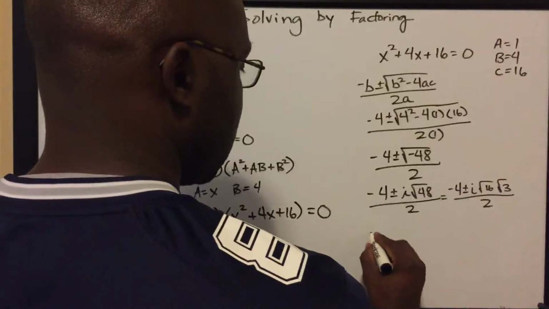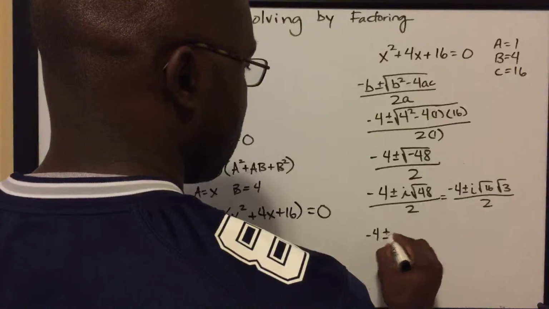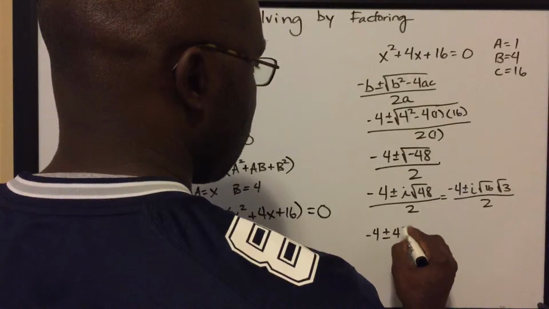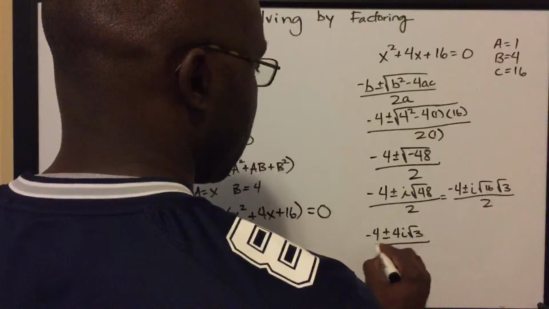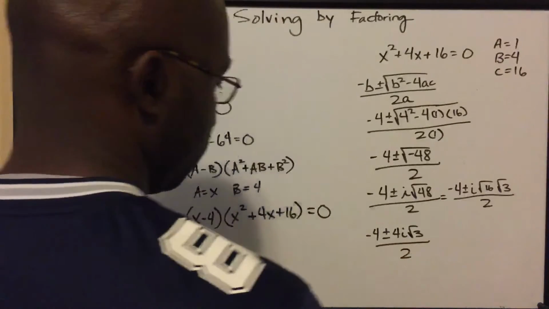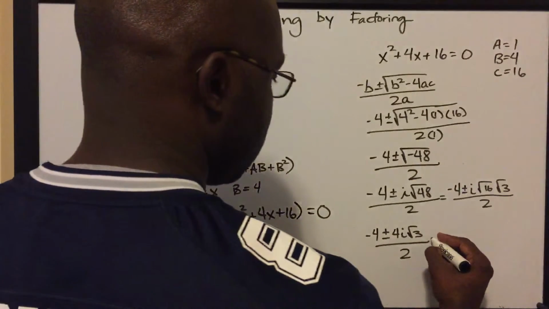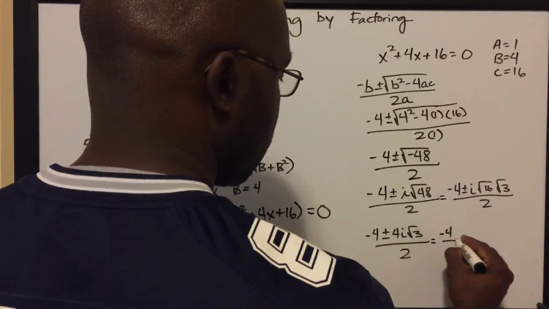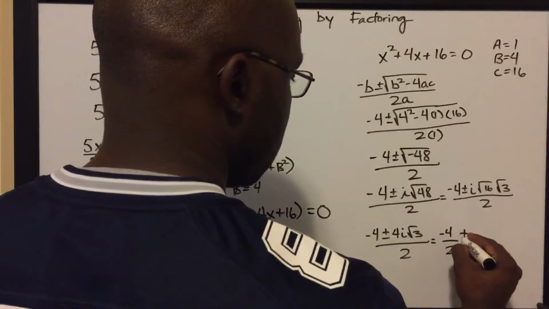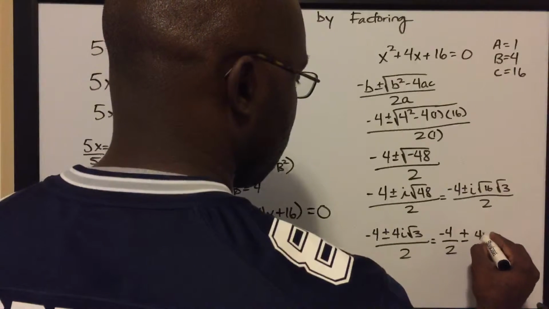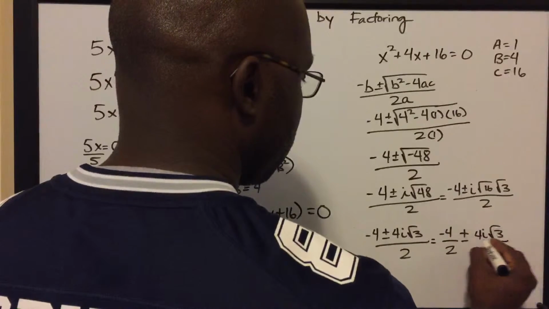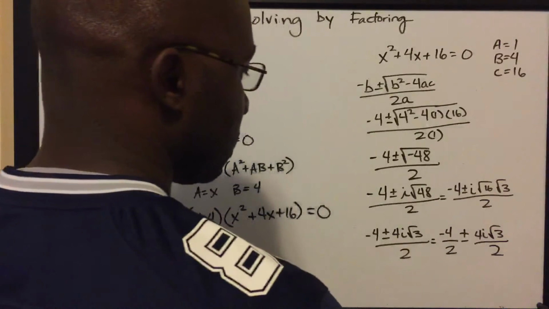Okay, now I'm saying minus 4 plus or minus 4i square root of 3 over 2. So, a lot of steps to this problem, but we're getting there. We can simplify this here. We can break this up, say minus 4 over 2 plus or minus 4i square root of 3 over 2.